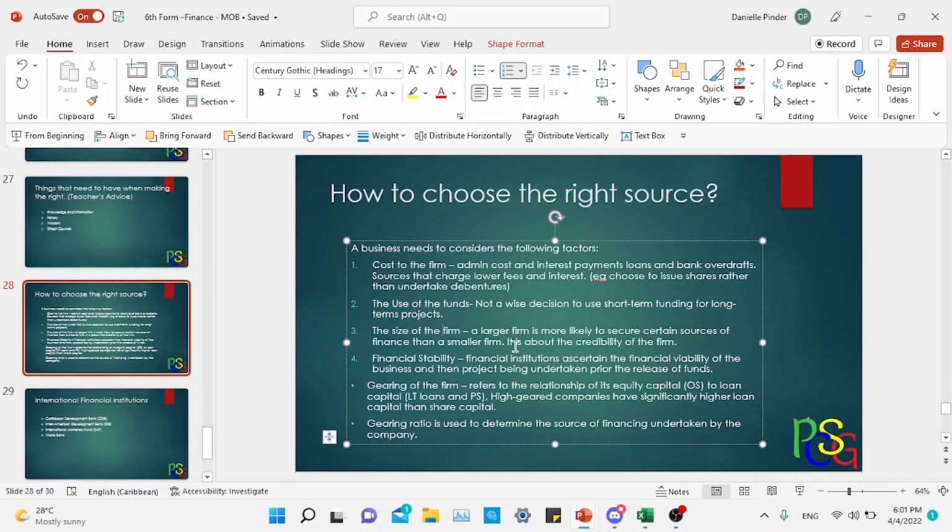Also the credibility of the firm, because larger businesses are more credible, so they might be able to borrow a loan and pay it back much faster and more easily than a smaller business can.